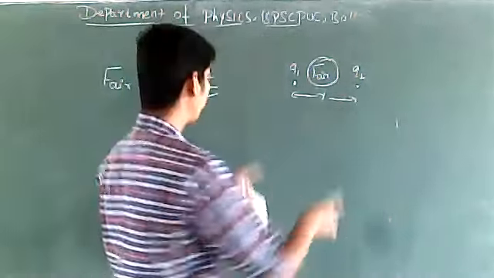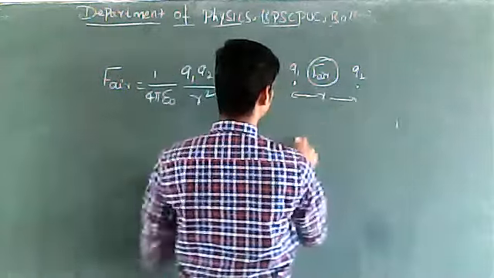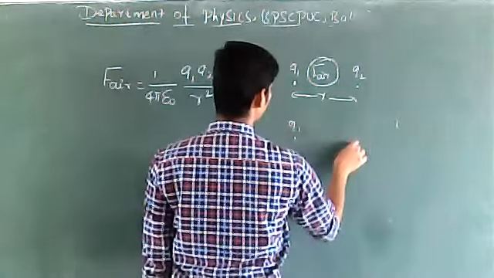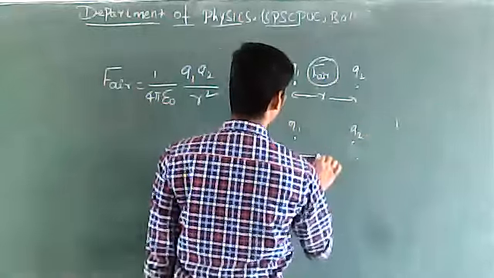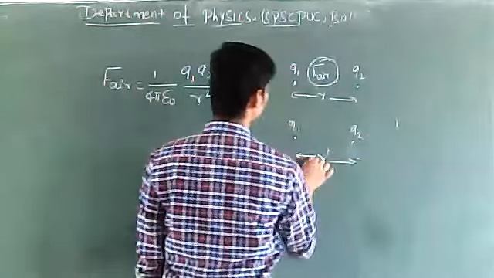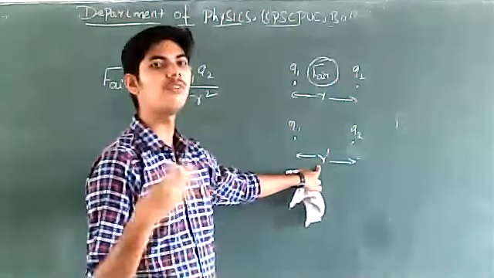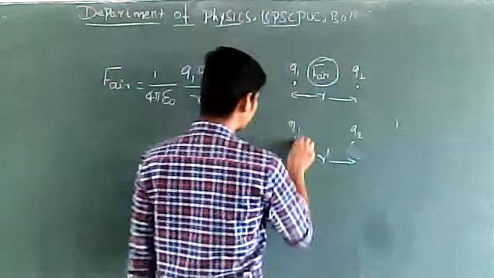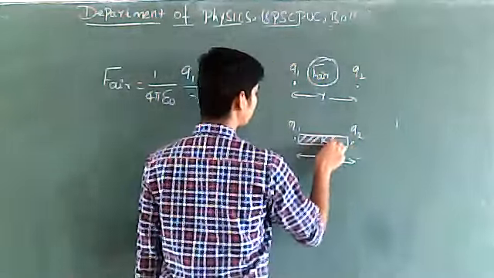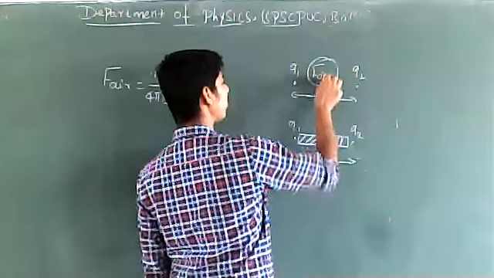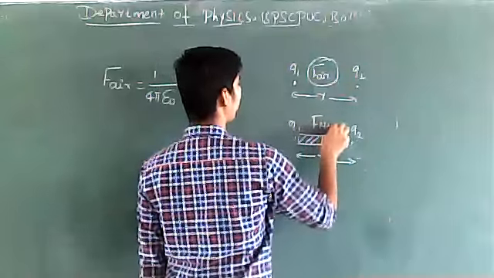Let us suppose the same two point charges Q1 and Q2, when placed at a distance of r dash in presence of a medium of dielectric constant K, experience the same force as in air.